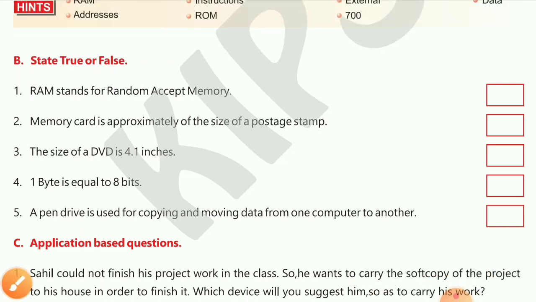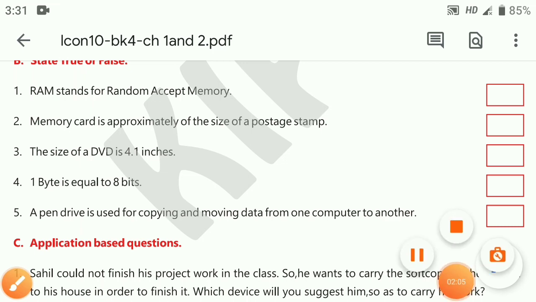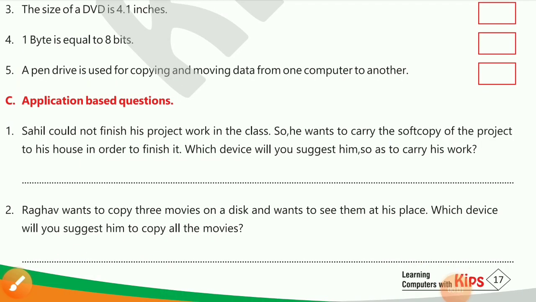A pen drive is used for copying and moving data from one computer to another. Is a pen drive used for copying and moving data? Yes or no? Yes. So the answer number 5 is true. T-R-U-E, true.